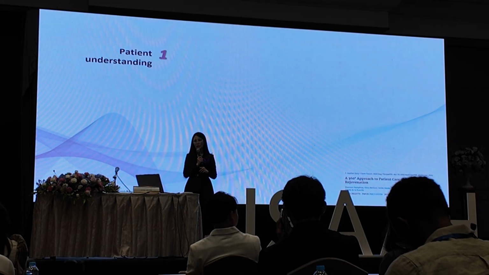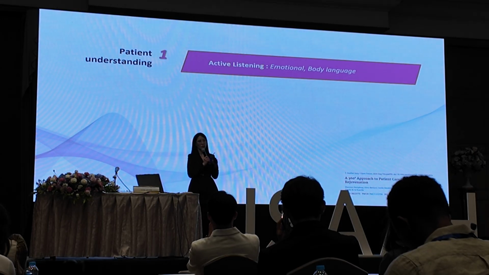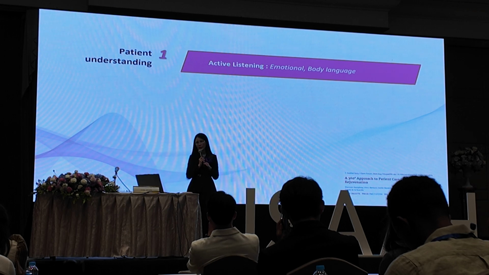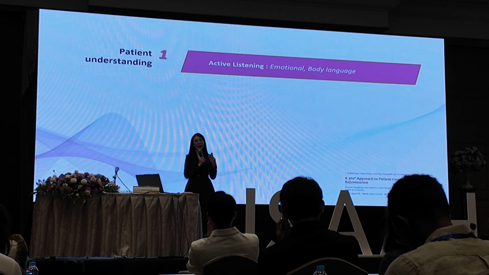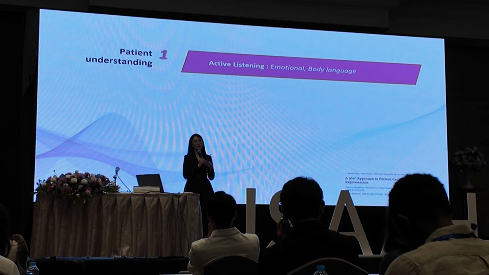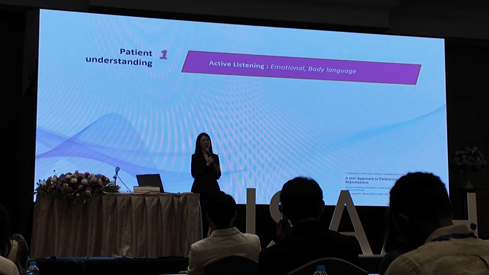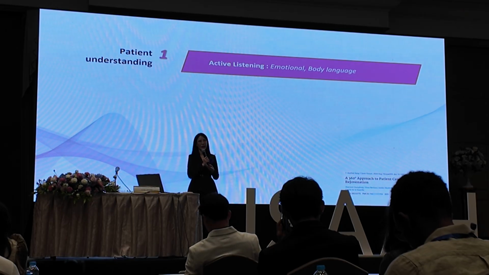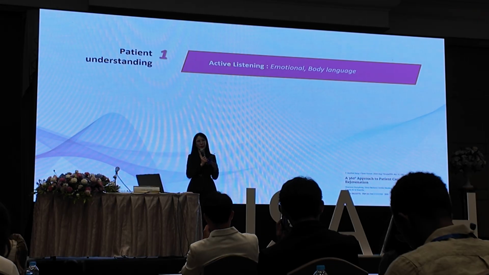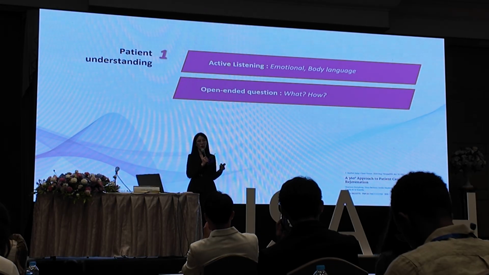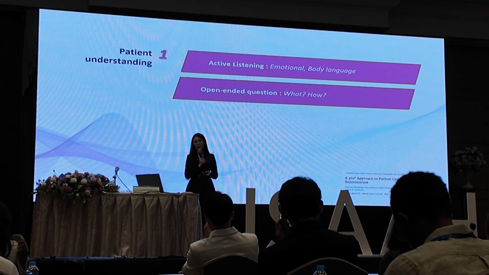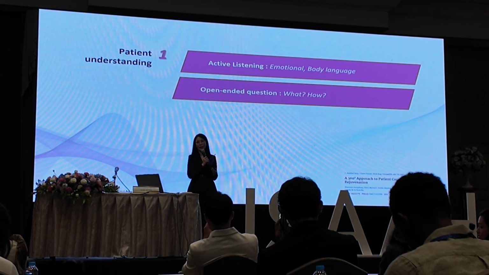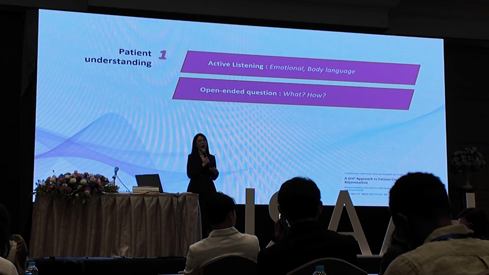In detail, the first one, for the patient understanding, we have to do active listening. We have to look at the emotional or the body language that they express, whether spoken or non-spoken. We can use open-ended questions like what and how.